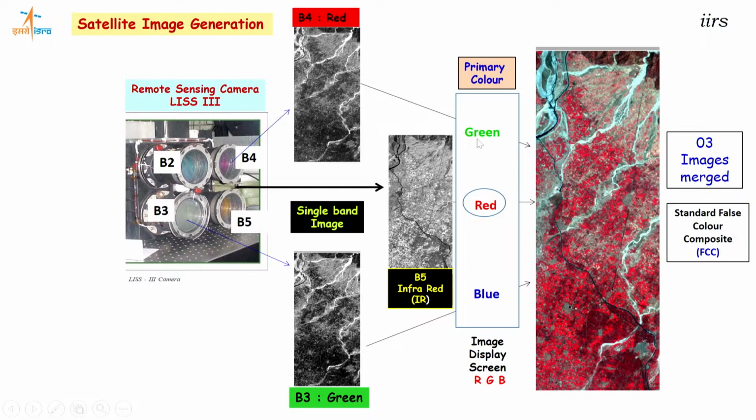So we project them in this fashion, and you get the composite image of all three images, and we call it the standard false color composite.